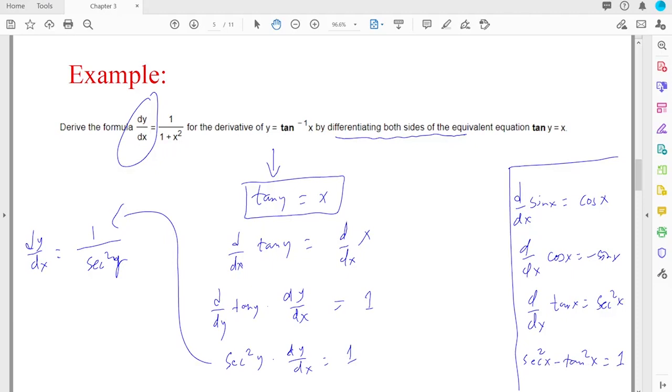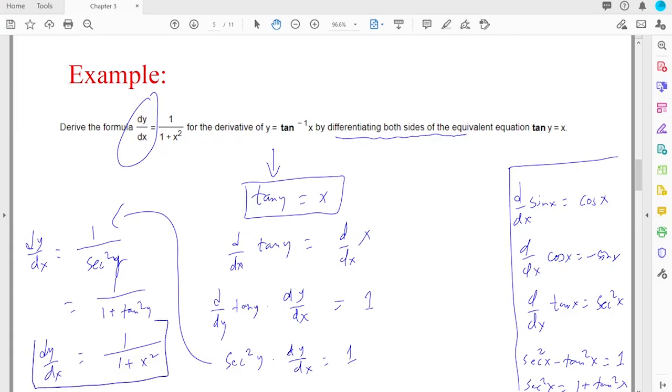So if you have secant square, you can always go to tangent square using this relation. So instead of 1 over secant square y, I can write 1 over 1 plus tan square y. And I know tan y is x, so I can write 1 plus x square. That's why the derivative of y with respect to x is 1 over 1 plus x square.